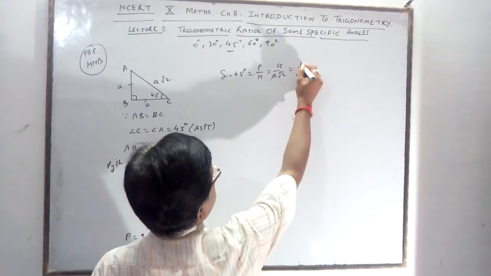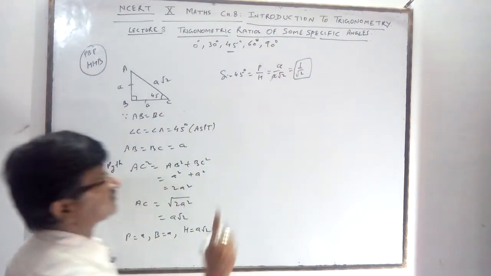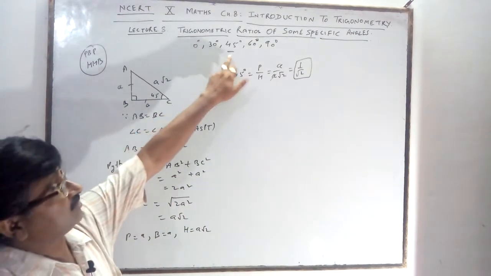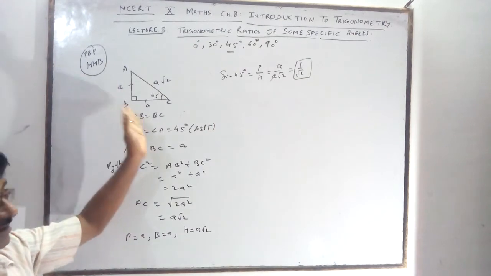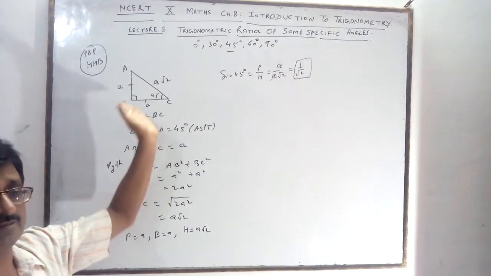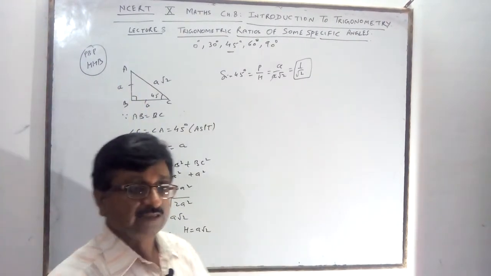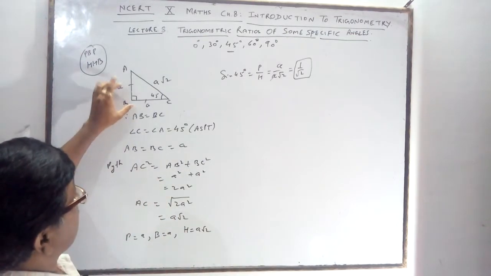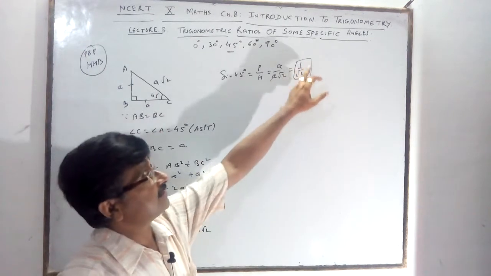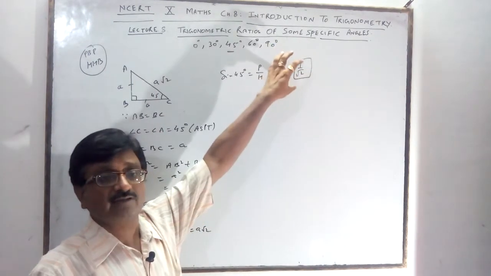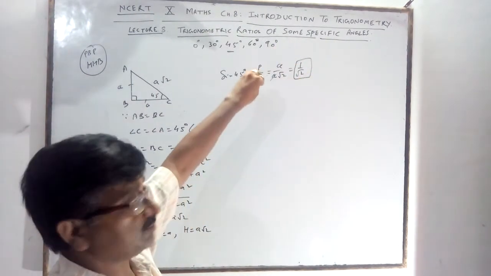It is a constant value, there is no variable. It means it is a unique value of 45 which does not depend on sides. Sides may be 2 centimeter, 6 centimeter, or 10 centimeter. If the equal sides of the right triangle are 10, 10, then also your answer will be 1 by root 2, because here is no A. It is a constant value and it is called a unique value.